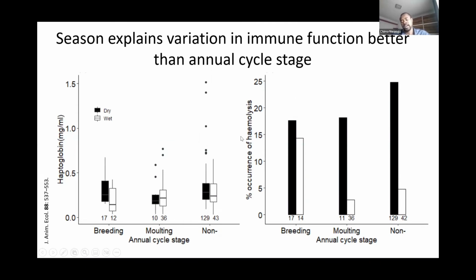What we find is that immune function was actually predicted by season rather than the annual cycle stage the bird was in at the time we trapped them and collected blood from them. Both lysis and haptoglobin concentration were higher in the dry season compared to the wet season, regardless of whether birds were breeding, molting, or not doing either.